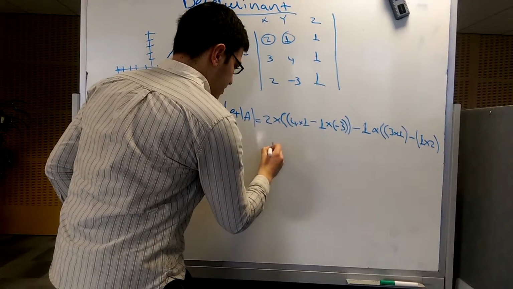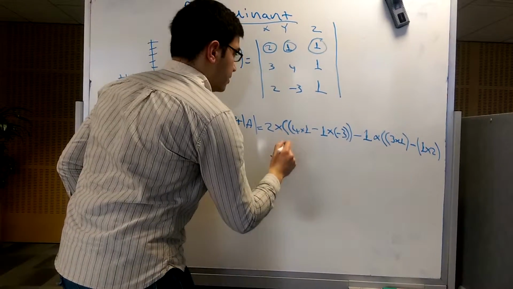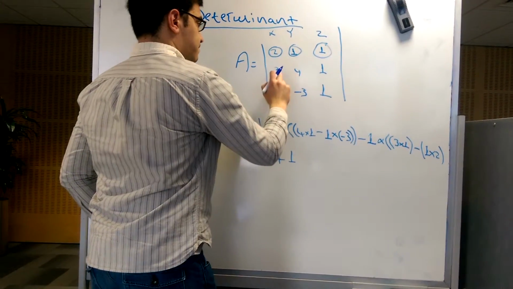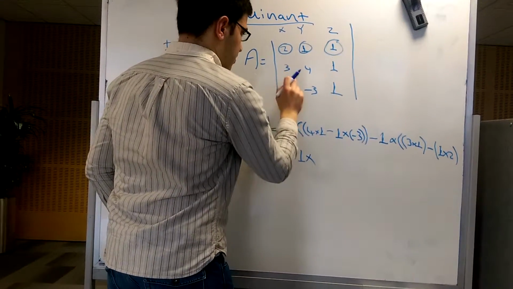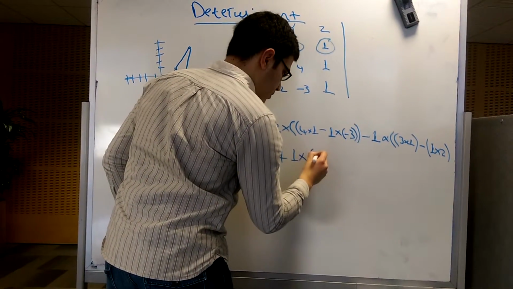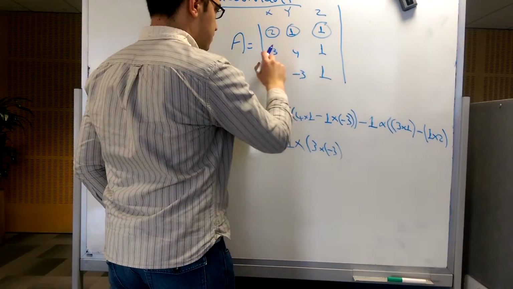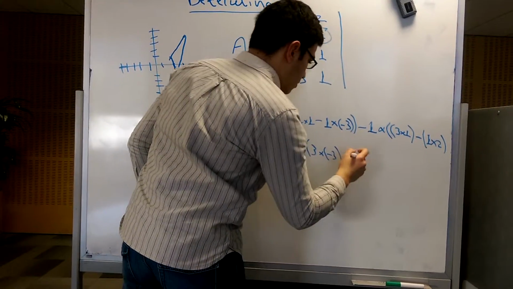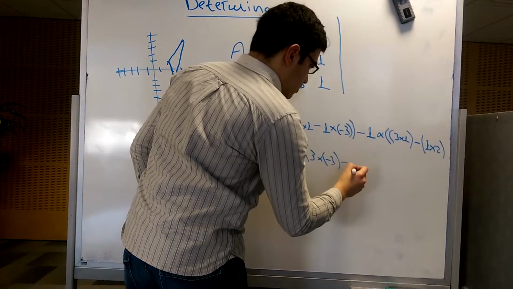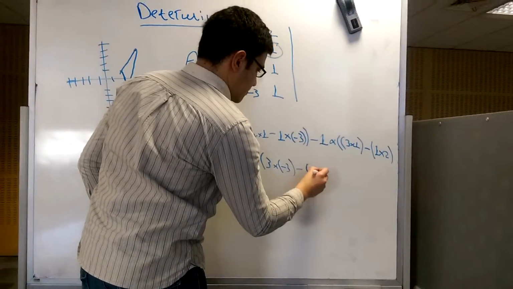And then we have to add 1 times 4 times -3, minus 4 times 2.